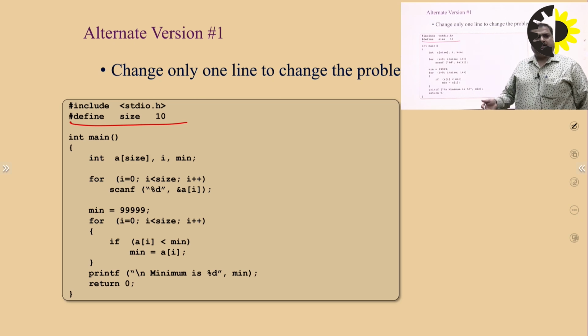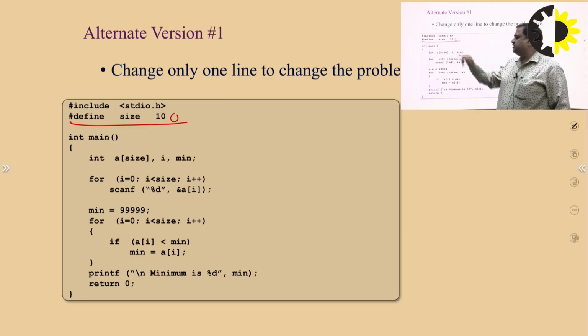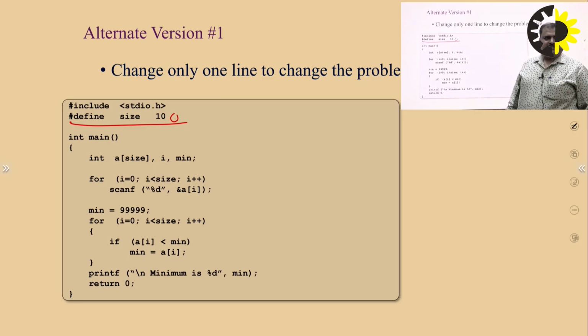For example, later we want a different size, say 100 elements, and then want to find the minimum. In that situation, we need to change only this line. We will change it to #define SIZE 100, and this program will be valid for 100. So we can do it like this also.